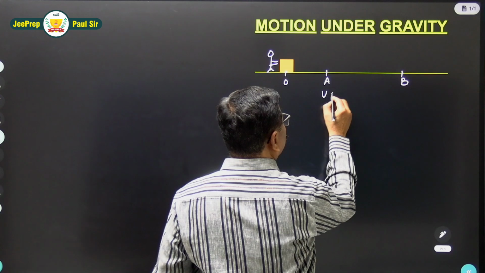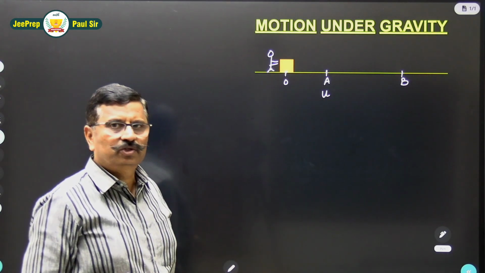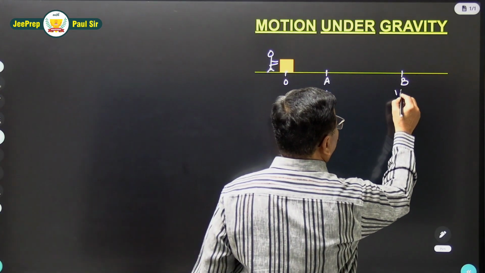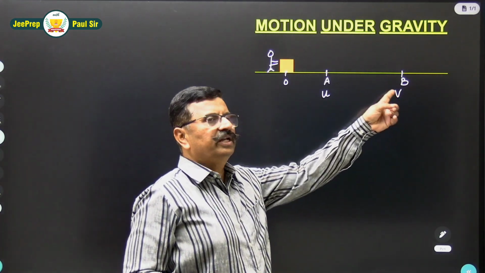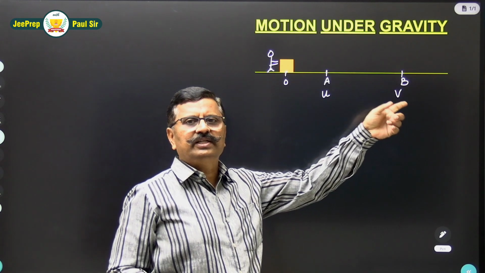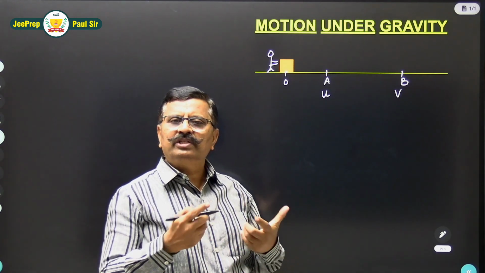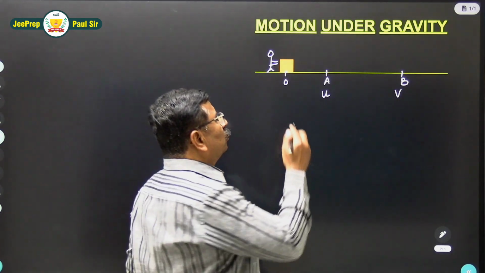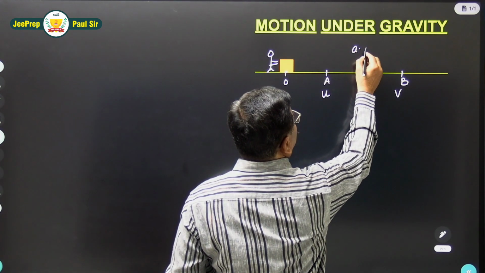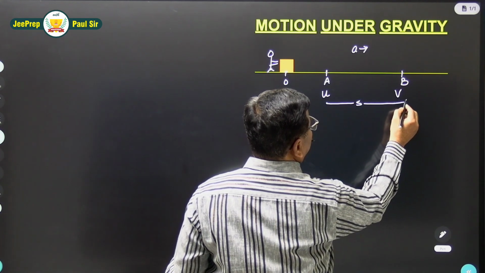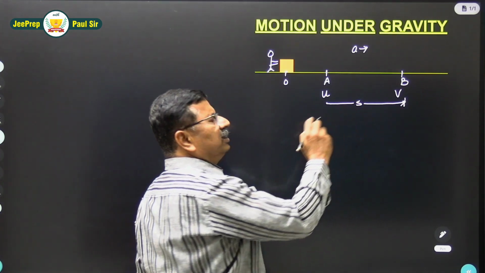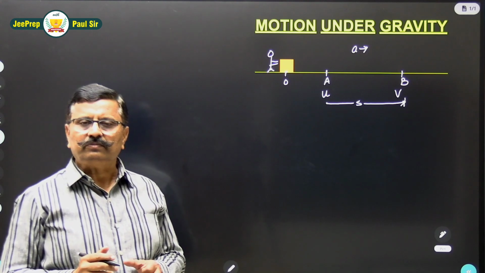Hence, velocity at the initial position is taken as u, and the velocity at the final position is taken as v. Now, we know that v is greater than u. When the velocity is increasing continuously, it means the body is accelerating. So let a be the acceleration of the body, and the distance covered by the body is s. So this is the displacement also.